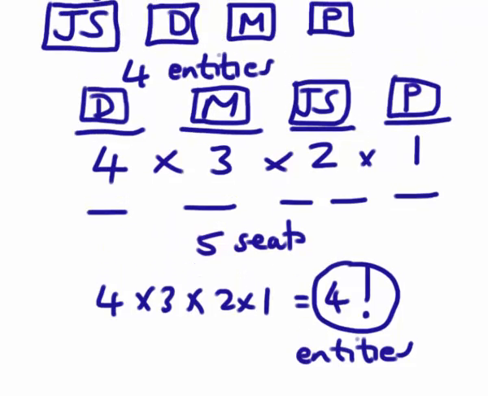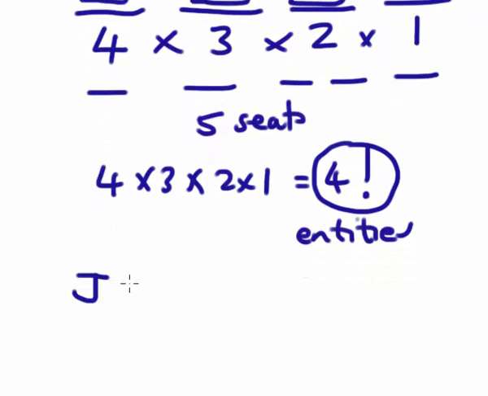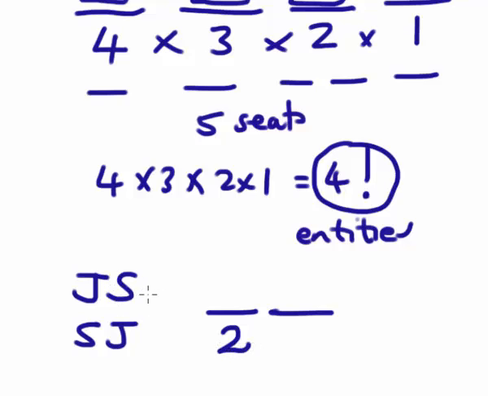But now hang on, if you take the couple, James and Sarah, they could be seated relative to each other. So you could have James first, then Sarah, or Sarah and James. James could be to the left of Sarah, or Sarah to the left of James. So if you just take the couple's arrangement, which of those 2 could sit in the first position? Any of the 2, James or Sarah. But if James sits there, then there's 1 person that will sit there, which is Sarah.